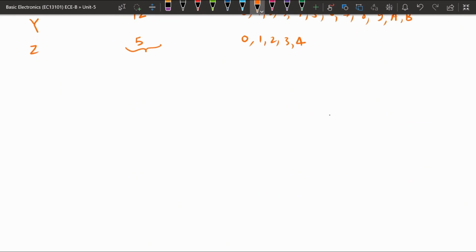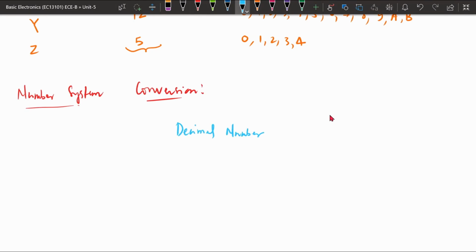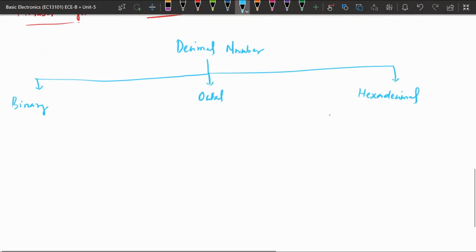Now that we know how to represent the decimal, binary, octal and hexadecimal number systems, we will go on to the conversion. Suppose we have a decimal number, and we can convert it into binary, octal or hexadecimal. There are different methods to convert.